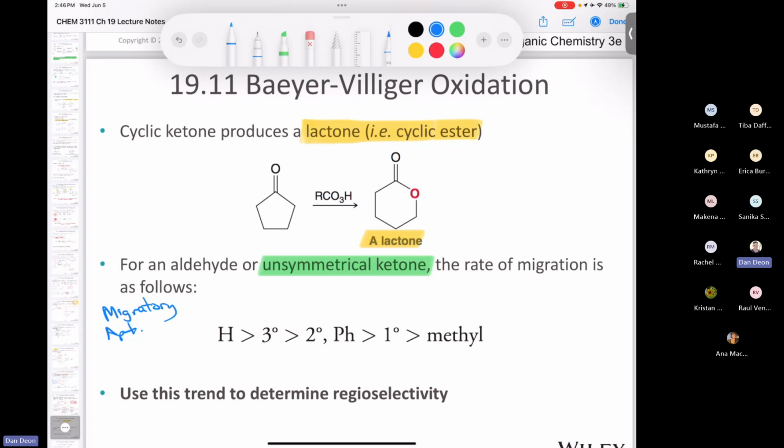I have a reference book in my office, and I wondered what are the factors, why is the migratory aptitude this, where the thing that's going to migrate the most would be a proton, followed by a tertiary carbon, followed by a tie between secondary and phenyl. If you're wondering, are you going to make me distinguish between these two? Obviously not, okay? Primary, then methyl. You have to memorize this for the quiz.